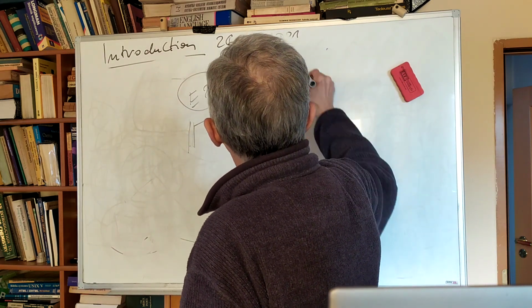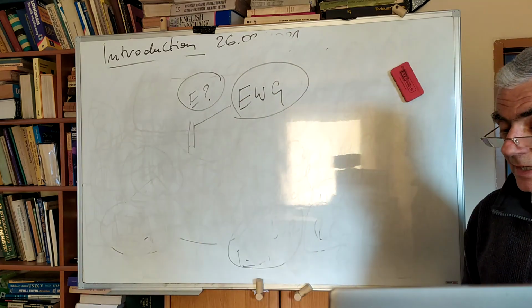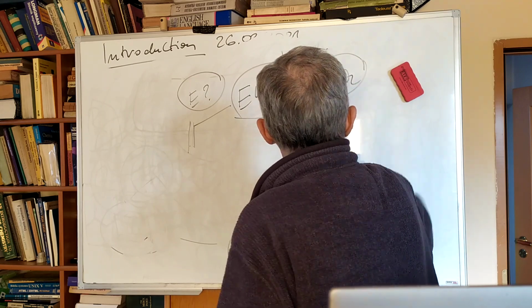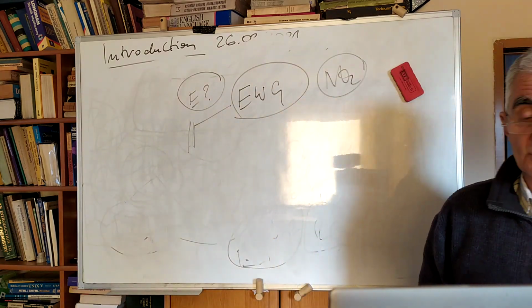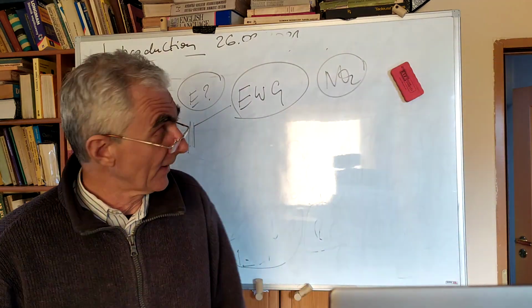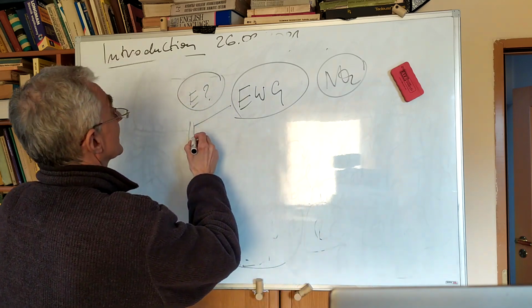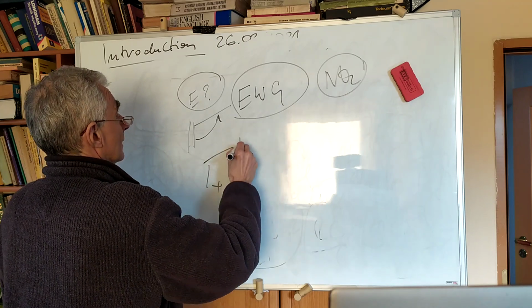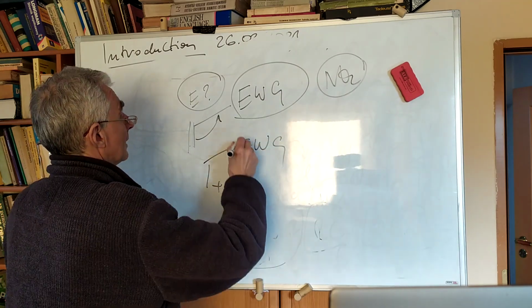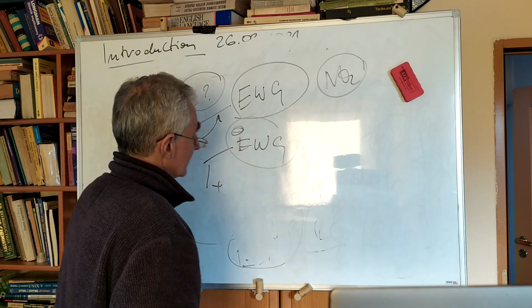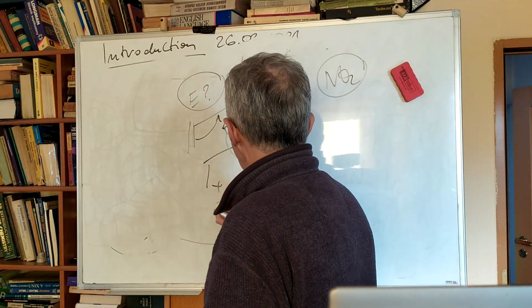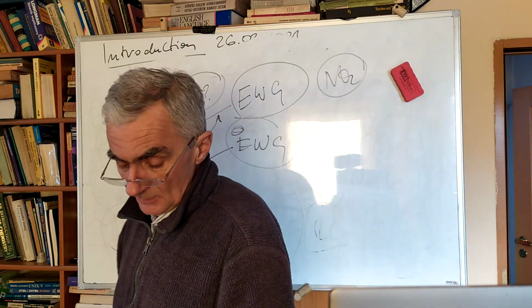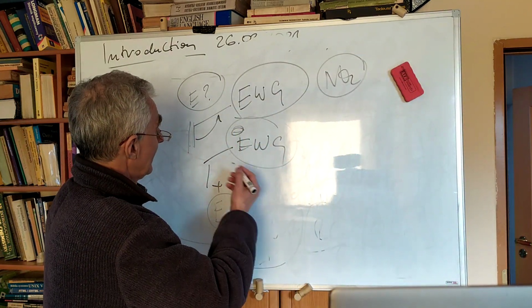If we have such a group, let's say an electron-withdrawing group, for example a nitro function, then we'll have something like that, which will provide us a minus. So we'll have here the electrophile, which could then react with a nucleophile at the double bond.